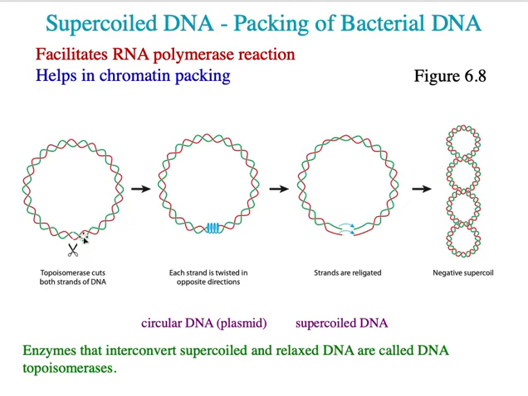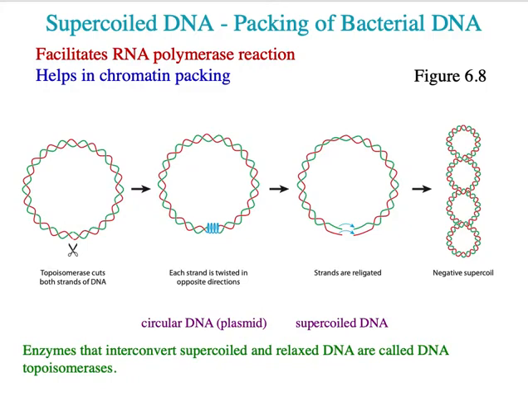So if you want to change how these coils are, you cut the strands. Let's say that you had something that looks like one of these stretchy bracelets. If you cut both strands, you can twist the strands in opposite directions and realign, and if you do that repeatedly, you're going to end up coiling the DNA up.